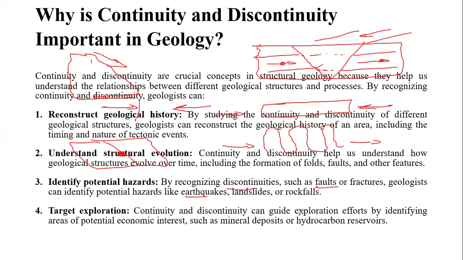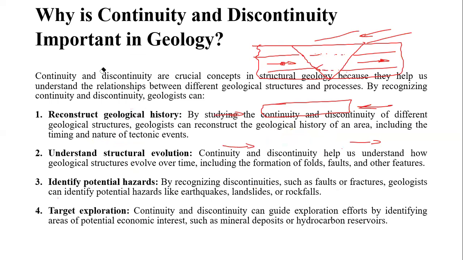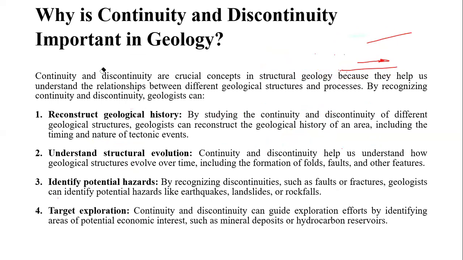Continuity and discontinuity can guide exploration efforts by identifying areas of potential economic interest, such as mineral deposits or hydrocarbon reservoirs. Okay, so I hope you understand that heterogeneity and homogeneity are also important for the structural geologist.